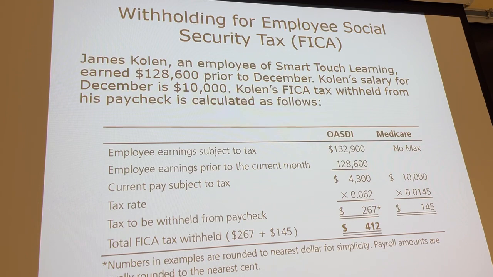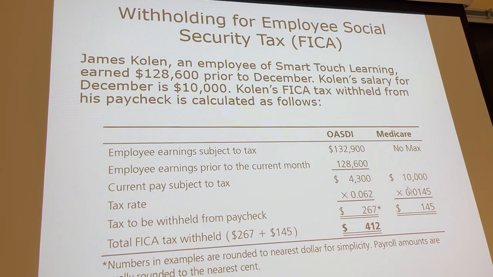You can see from the math here, they figured out that the part still subject to Social Security in December is $4,300. They take that times the Social Security tax rate, which is 6.2%, and that gives you a Social Security tax for the month of $267.